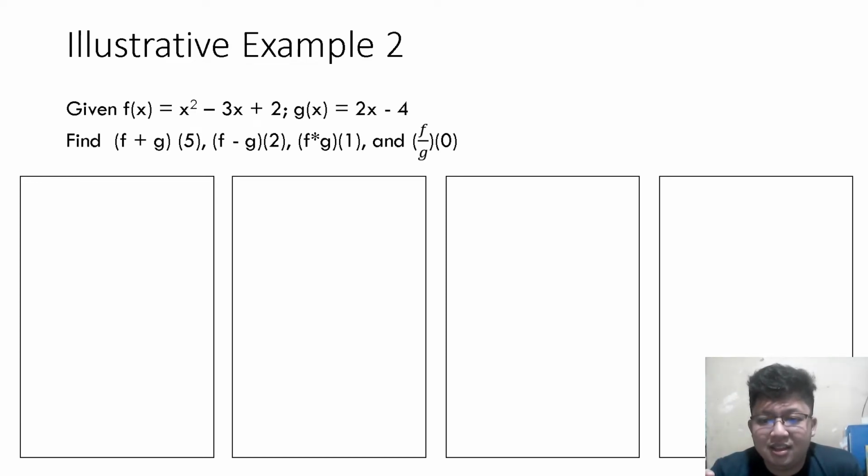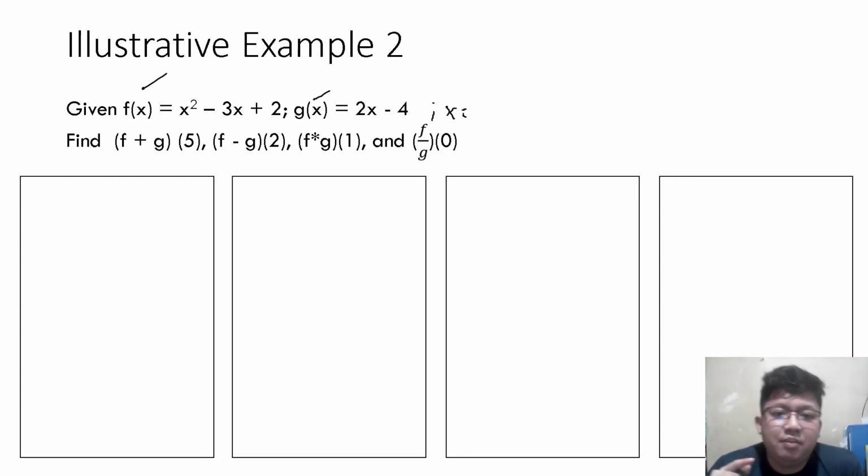Okay, so let's see. Sometimes there are some questions where in the given we have the functions, the f of x, g of x, and then we have also here x, and then they give the value.